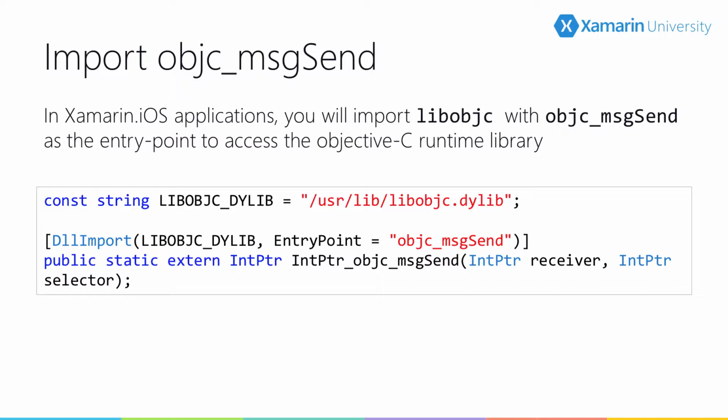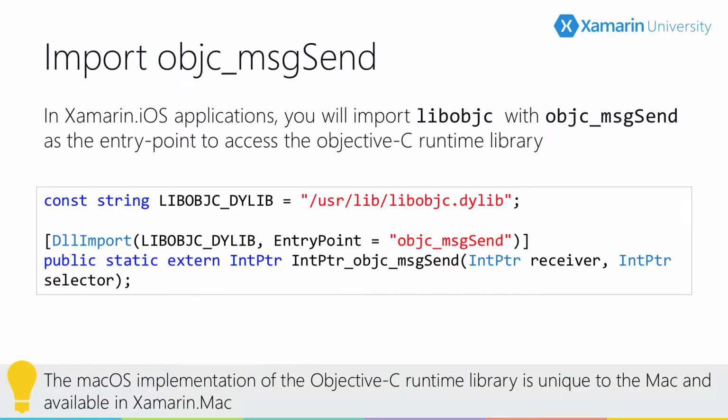For example, here we're returning a reference back to another object instance. This means that you'll actually have several invocations depending on the return type. The Mac OS implementation of the ObjectiveC runtime library is unique to the Mac and available via Xamarin Mac. If you decide you would like to bind Mac-based ObjectiveC libraries, this is the implementation to use.